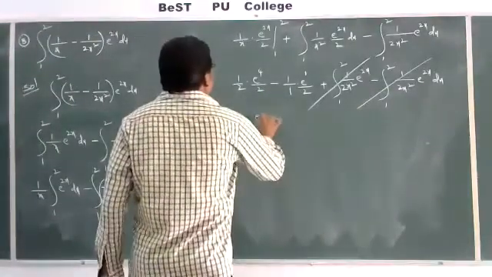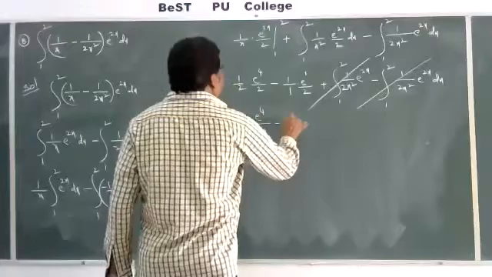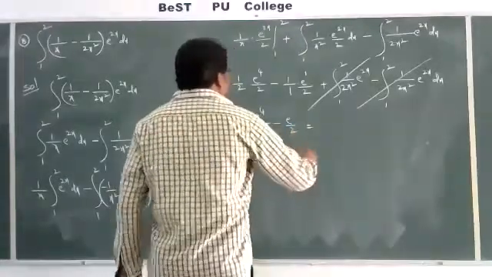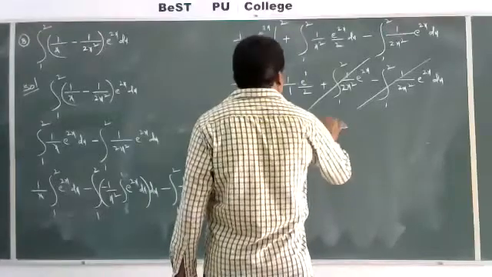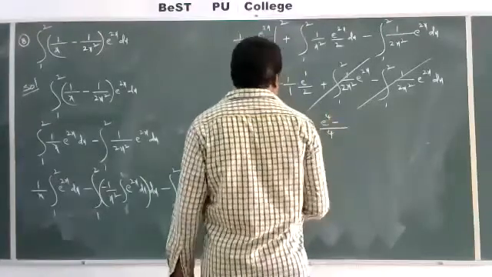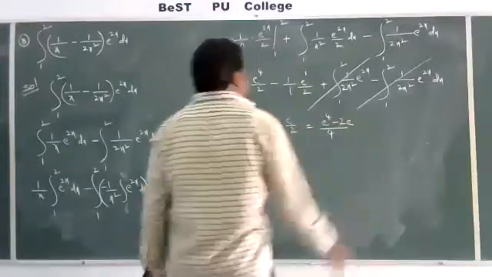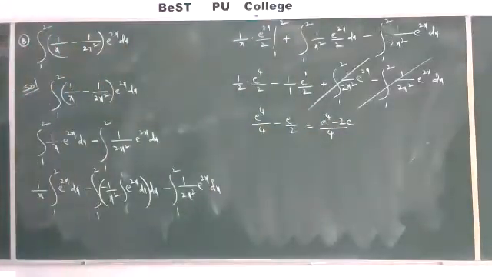Here this is e power 4 by 4 minus e by 2. Then you take 4 as the LCM. In the numerator, e power 4 minus 2e. E power 4 minus 2e by 4.